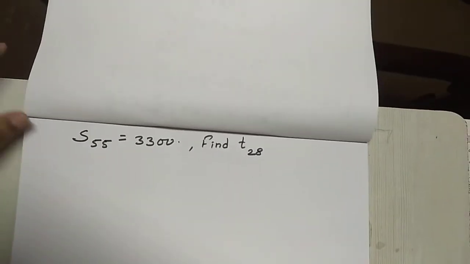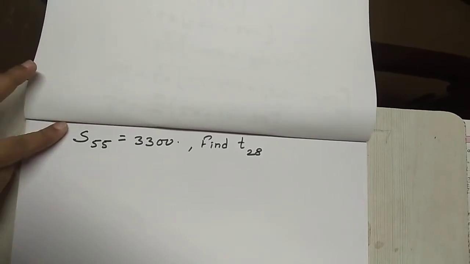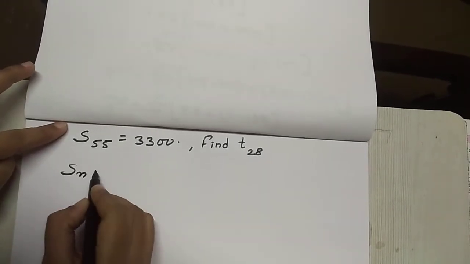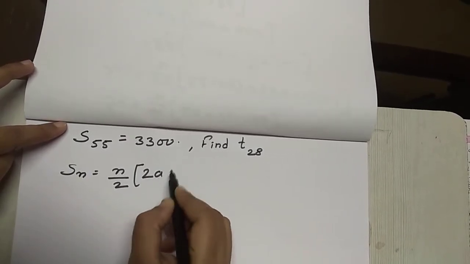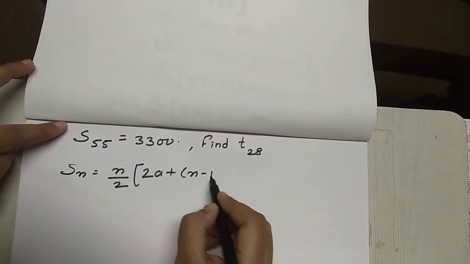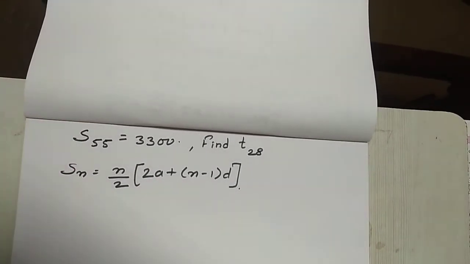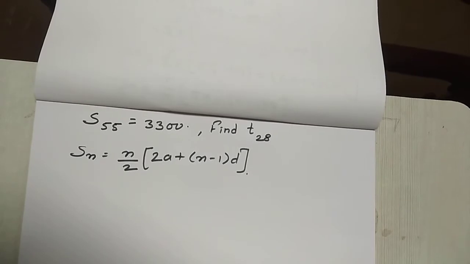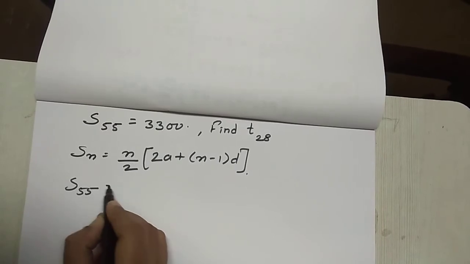Now since Sn is given, S55 is given, so we will use this formula. Sn formula is n upon 2, 2a plus n minus 1 into d. This formula by now you should have by hearted, children. So let's substitute 55 in place of n.